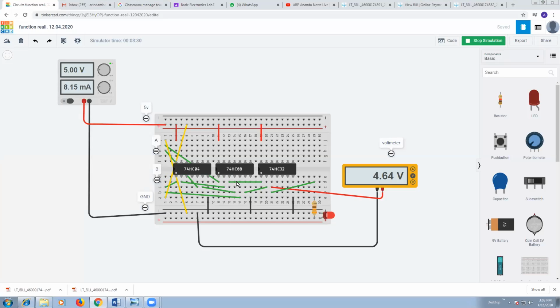And similarly you can see pin number 4 and 5 is already connected here.